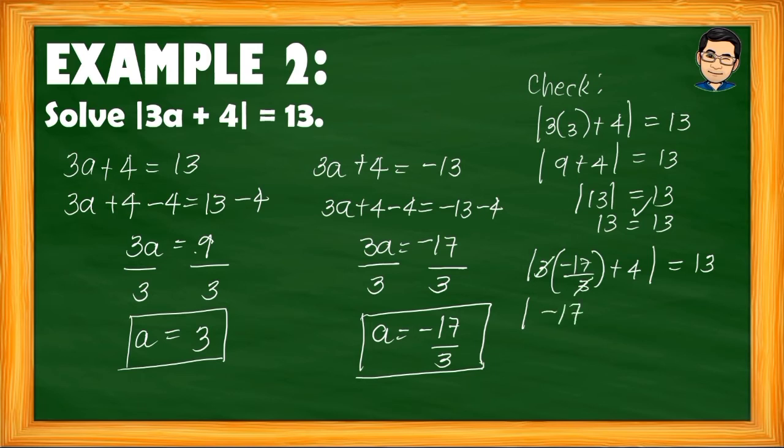Negative 17 is what remains, plus 4 is equal to 13. And then negative 17 plus 4 is negative 13. So getting the absolute value of negative 13 will give us positive 13. So 13 is equal to 13. Therefore, the values of a are 3 and negative 17 over 3.